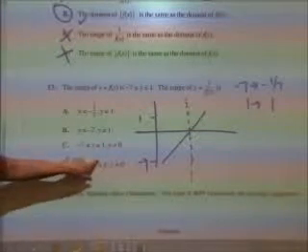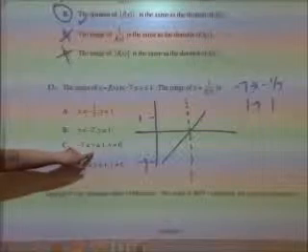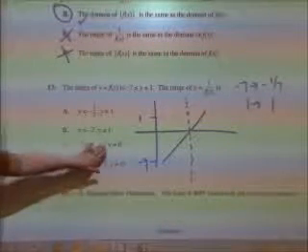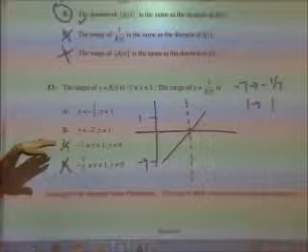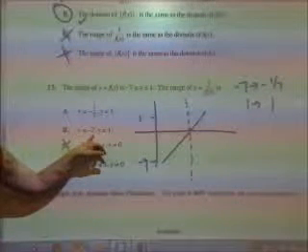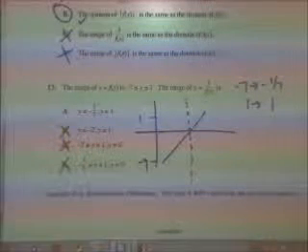Because in here, I could have a 0. It also eliminates C for the same reason, because I can't have a 0. So C and D end up being eliminated, which leaves me with A and B. B actually has a -7, which I know can't be part of the domain because I'm supposed to have a -1/7. Kind of leaves me with A as default.